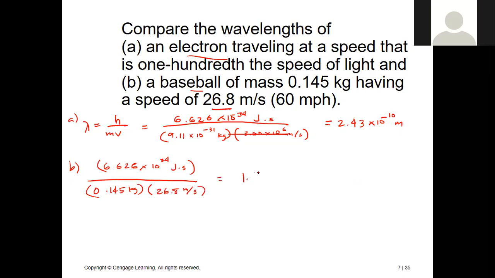And if you get the value here, it's 1.71 times 10 to the negative 24 meter. So as you could see, it's so short to the point that you cannot observe the wave properties of a given matter. Okay.